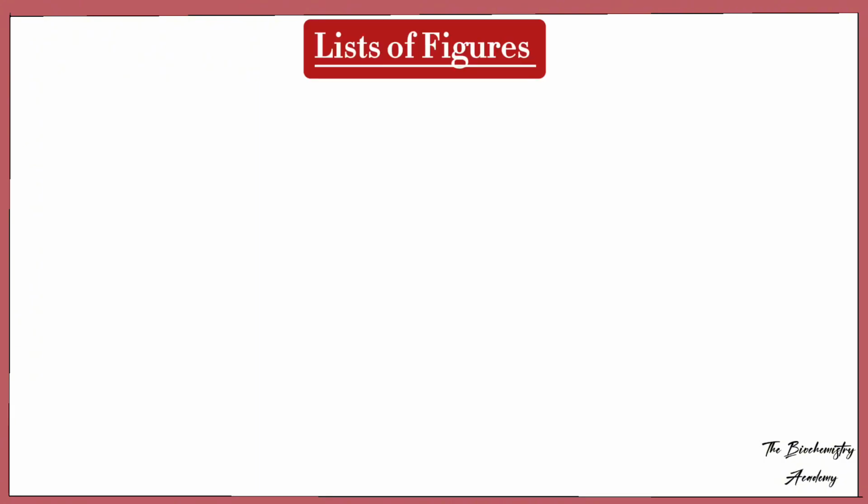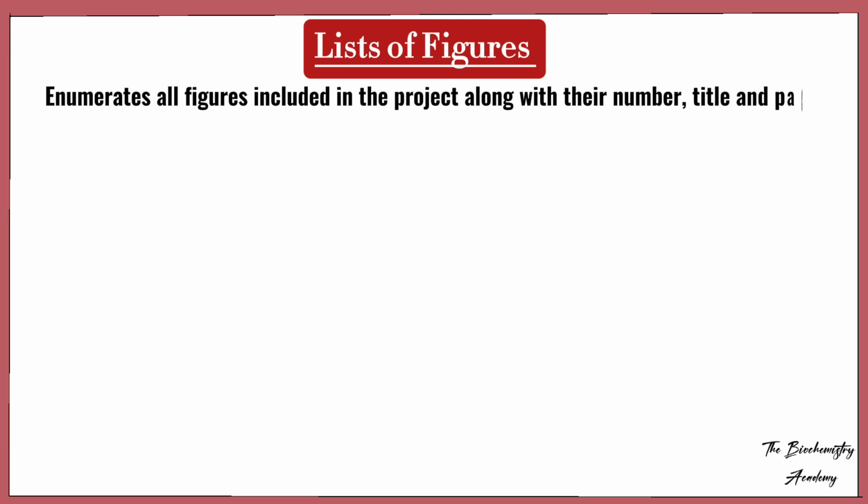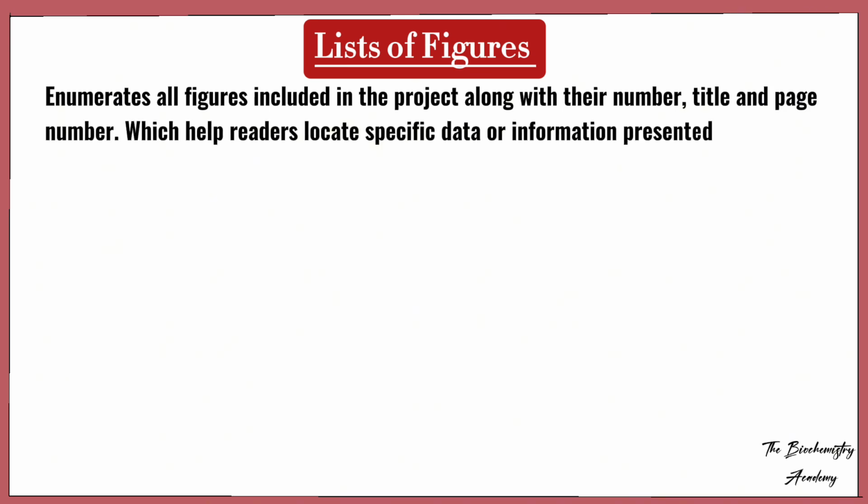Now, next is the list of figures. The list of figures enumerates all the figures included in the project along with their number, title, and page number, which helps the reader locate specific data or information presented in figures.